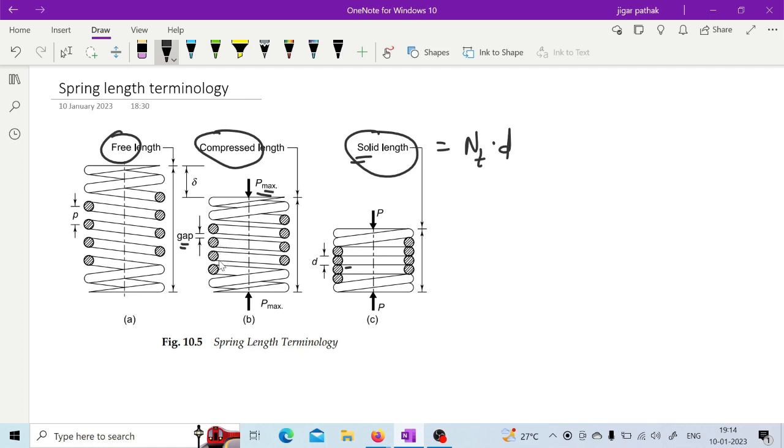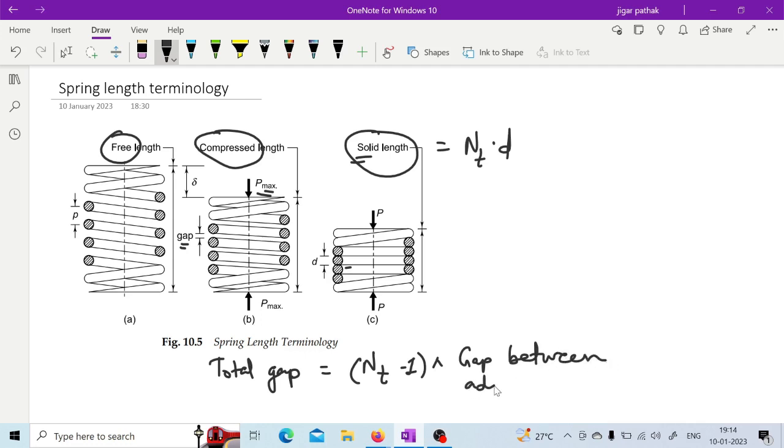This total gap is given by nt minus 1 into the gap between adjacent coils. This is how it is defined in case of the compressed length.